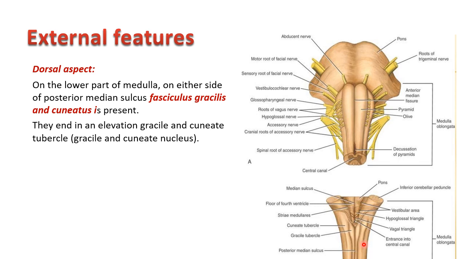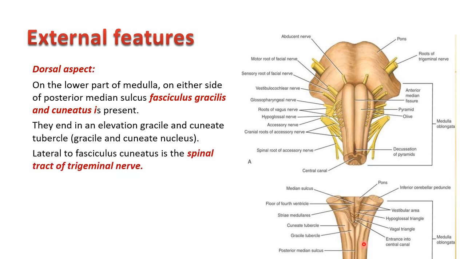Then lateral to that, you see another elevation called the tuberculum cinereum. Tuberculum cinereum is different from tuber cinereum, which we see in the base of the brain. The tuberculum cinereum is an elevation formed by the spinal tract of the trigeminal nerve.